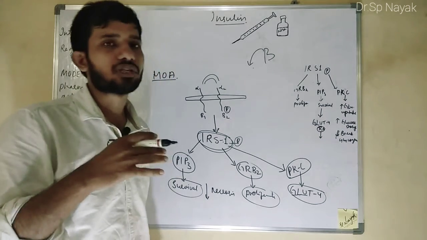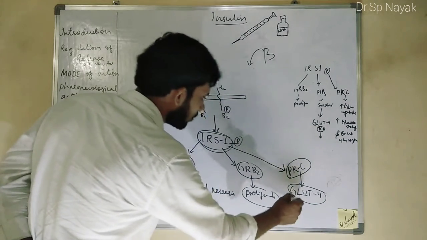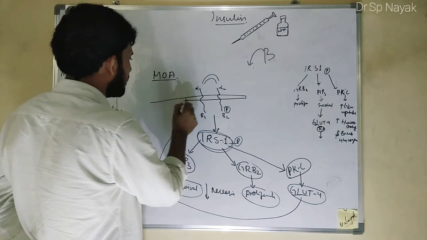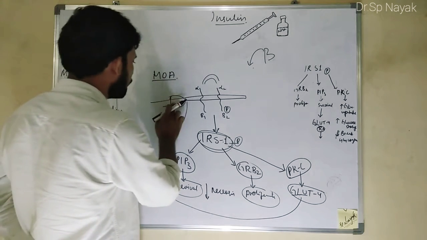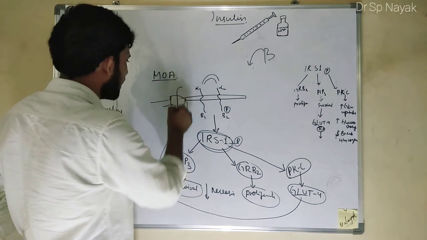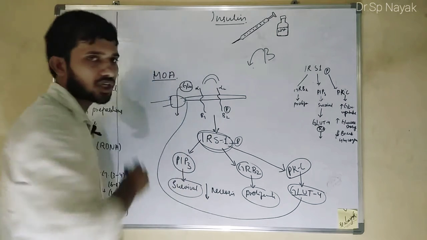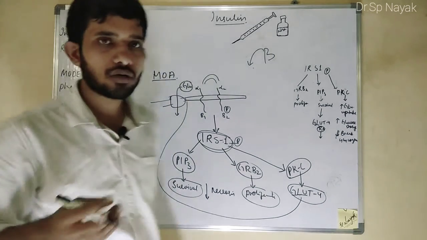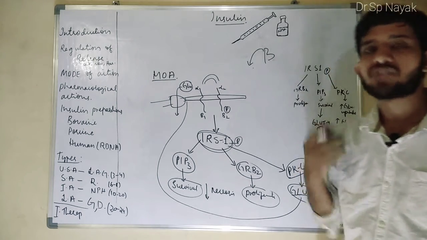So insulin helps in the synthesis of GLUT4, and this GLUT4 comes and is concentrated on the cell membrane, and helps the entry of glucose from the blood circulation. In this way it helps to increase the movement of glucose from the circulation.